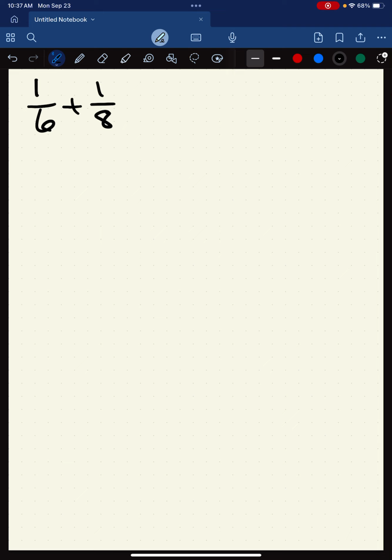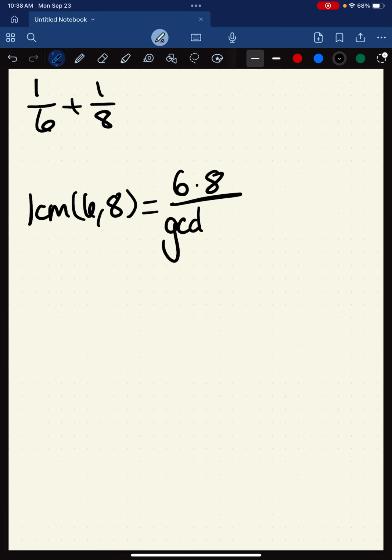I like to use the fact that the least common multiple of two numbers is equal to the product of those numbers divided by the greatest common divisor of those numbers. So 6 times 8, we know, is 48. The greatest common divisor of 6 and 8 is 2, because 3 doesn't work, 4 doesn't work, 5 doesn't work, 6 doesn't work, so 2 works.